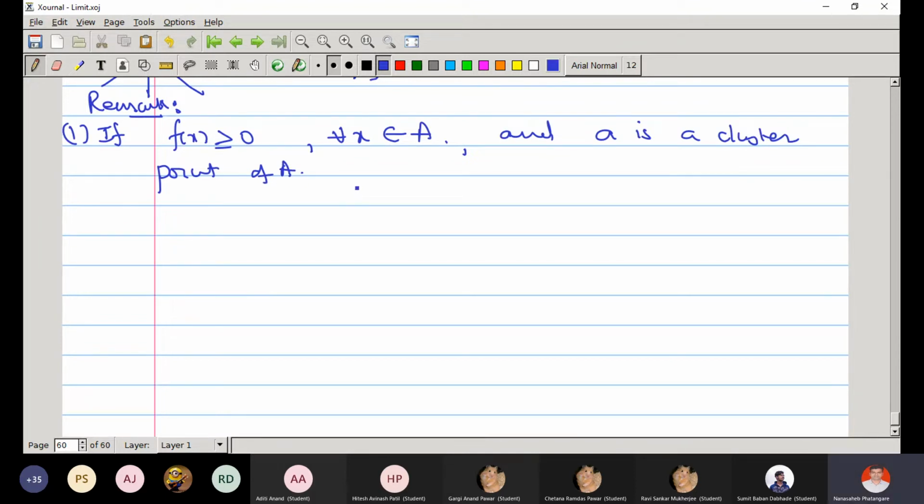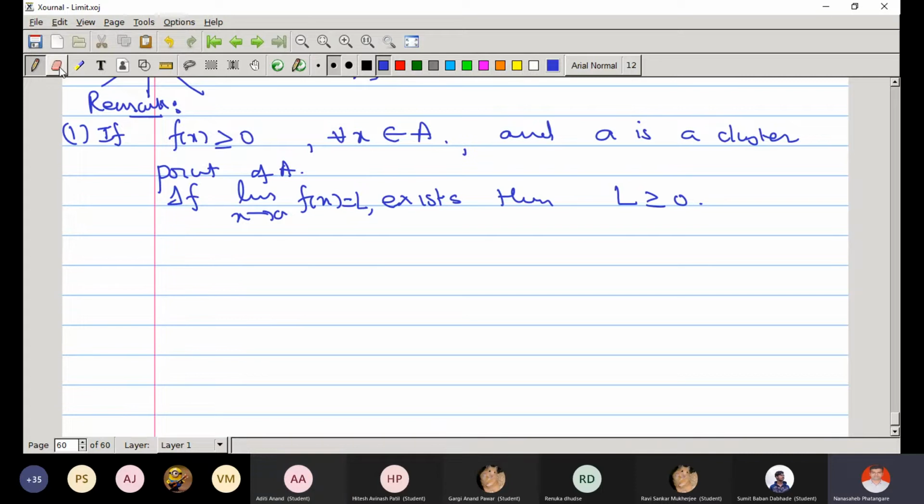The function is non-negative and a is a cluster point. So if the limit as x tends to a of f(x) exists and is equal to L, then can you say that L is greater than or equal to 0? Yes, sir. Right. The limit is greater than or equal to 0.